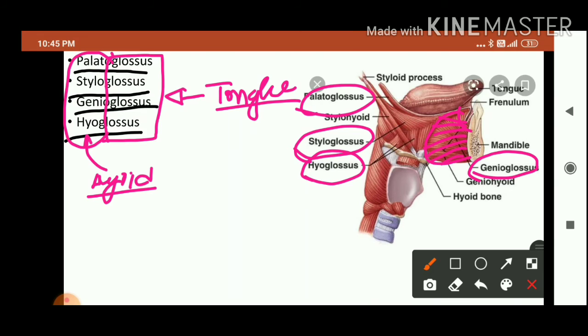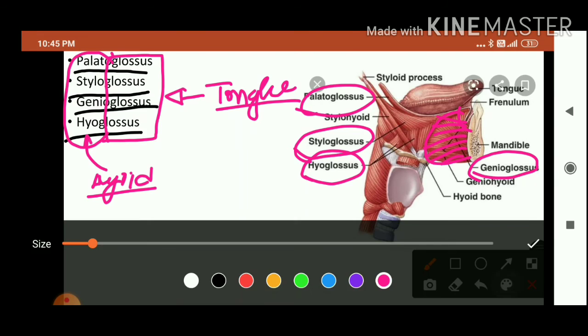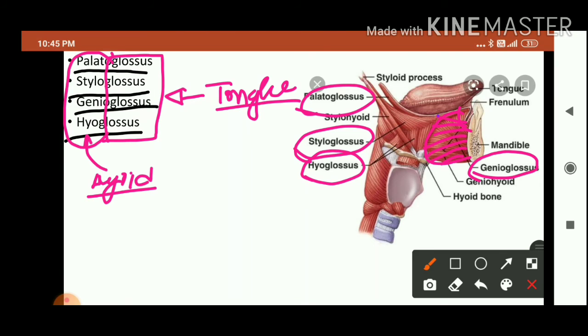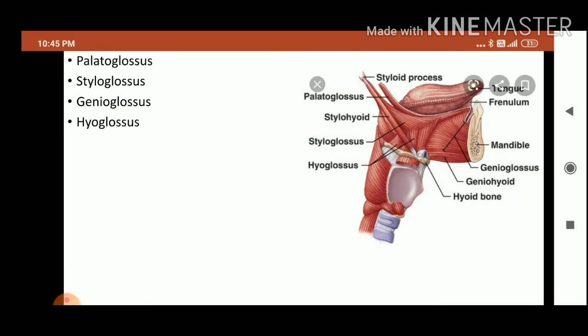The styloglossus, you see here that it attaches the root of the tongue to the styloid process. Along with it, the styloglossus is also a part of the styloid apparatus. Okay, the hyoglossus attaches the tongue to the hyoid bone, and finally we have the palatoglossus, which attaches the tongue to the soft palate.